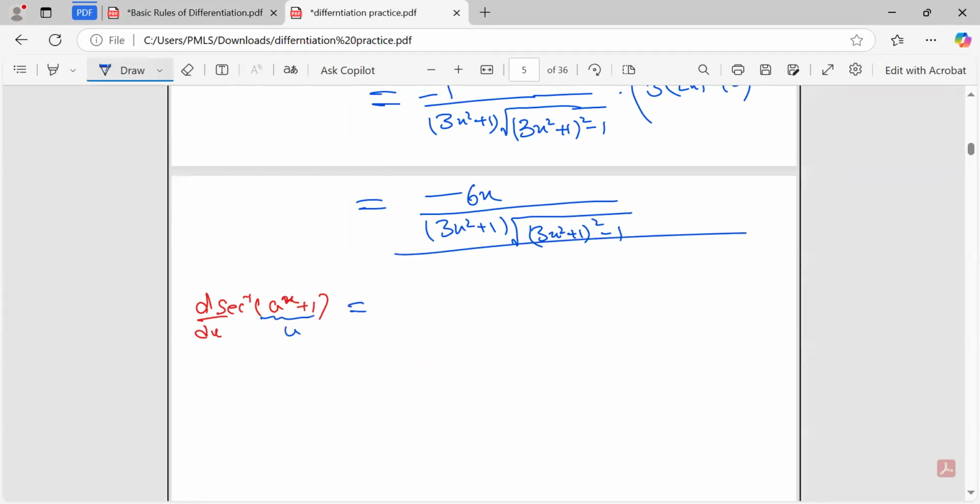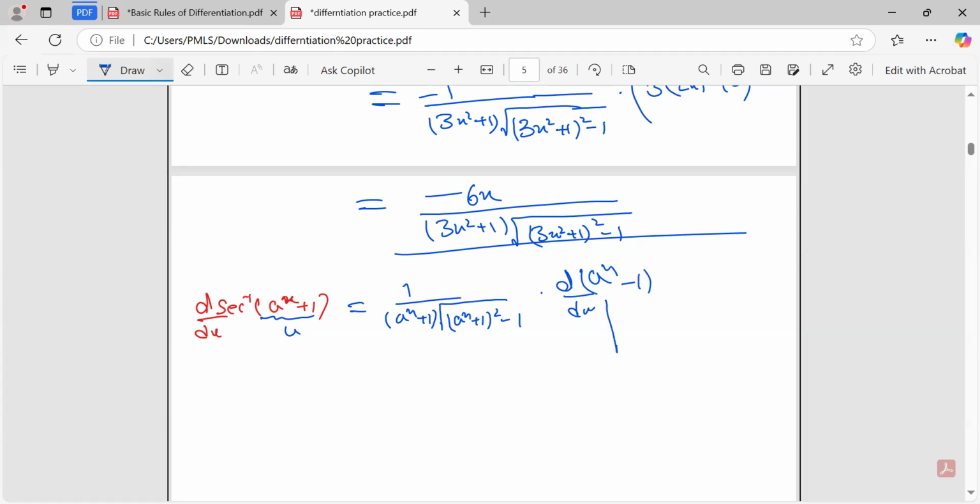So by the formula, it states 1 over u, that is a to the power x plus 1, times square root of u square, that is a to the power x plus 1 whole square minus 1, and take the derivative of u, that is a to the power x plus 1.